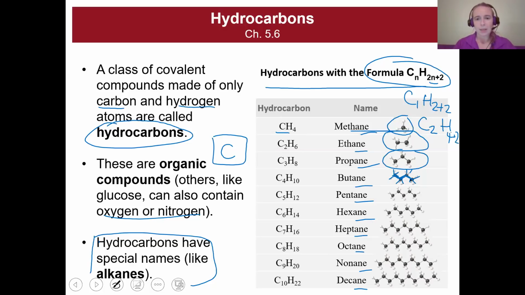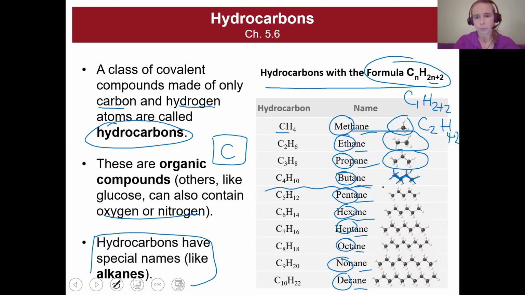So we've got methane, ethane, propane, butane, pentane, hexane, heptane, octane, nonane, and decane here. And these prefixes, not the same prefixes as the other slide, unfortunately, but you don't need to memorize these. Just for your knowledge, some of them are the same. Hex, hept, oct, non, dec, those are the same.